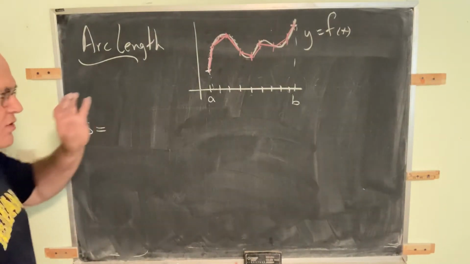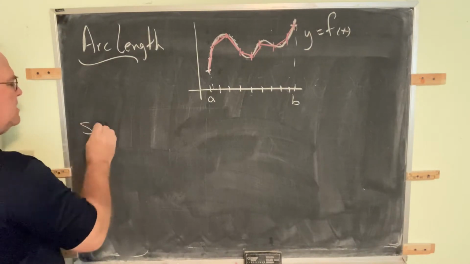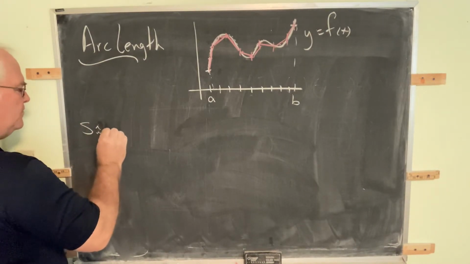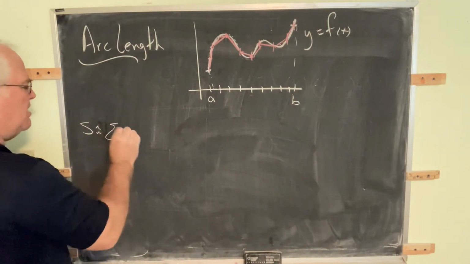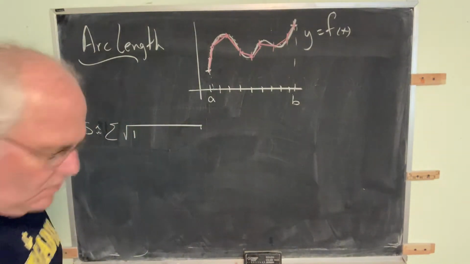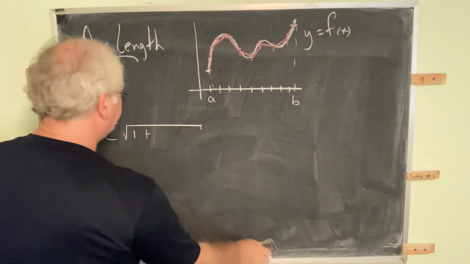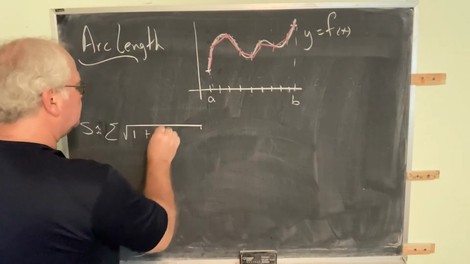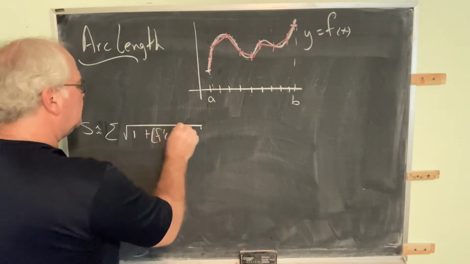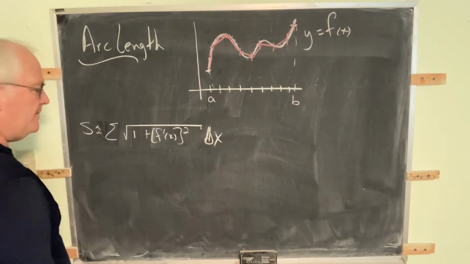It turns out if you do a boatload of algebra, the arc length is approximately equal to the sum of all these: the square root of 1 plus f prime of x quantity squared, delta x.